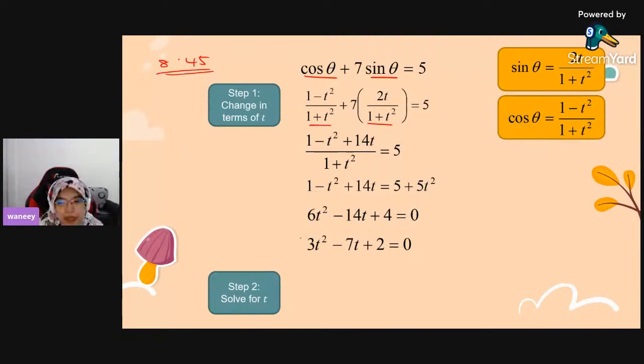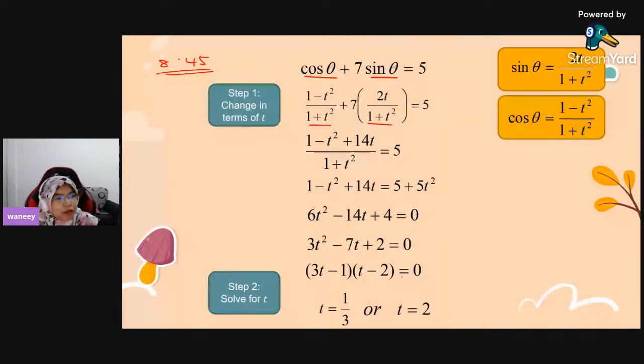If you can simplify the numbers first, do so before you use your calculator. Factorize completely, and it gives 3t minus 1, t minus 2 equal to 0, which means either t equal to 1 over 3 or t is equal to 2. Very good for Elisha and Odia. Very good.